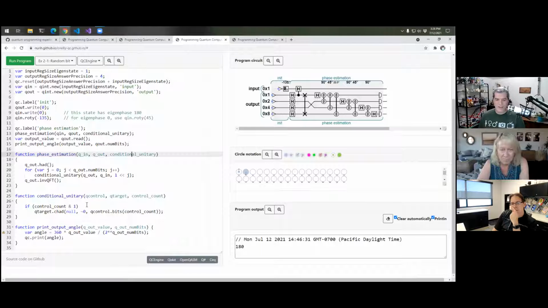And then the conditional unitary function is specifically for the H operation. Since H has a corresponding conditional H operation, this function is relatively simple. It's short. I don't know if simple is the right word, but it's short. If we had something that did not specifically have a conditional version of itself, then I can imagine that this would get more complicated, because you'd have to expand it into multiple operations.